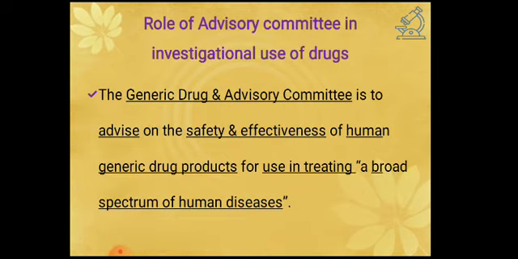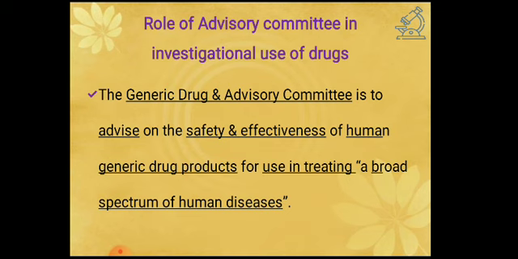Next point, actually the last point of this topic: role of advisory committees in investigational use of drugs. See, in this case, there is a committee that advises about the different aspects of such investigational drugs.